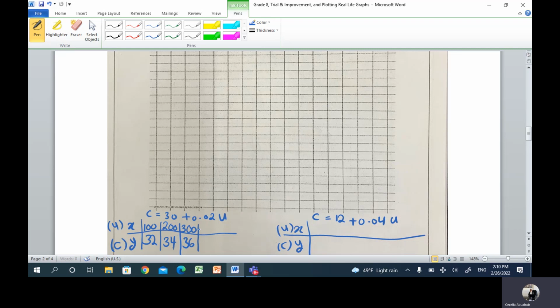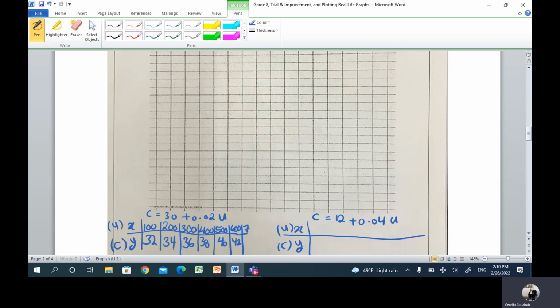If you substitute U or X as 400, you're going to say 30 plus 0.02 times 400, and you're going to end up with $38 in total. If you substitute U as 500, you're going to end up with $40 in total. Let's carry on. If you substitute 600, let's insert this in the calculator: 30 plus 0.02 times 600, and you're going to end up with $42.